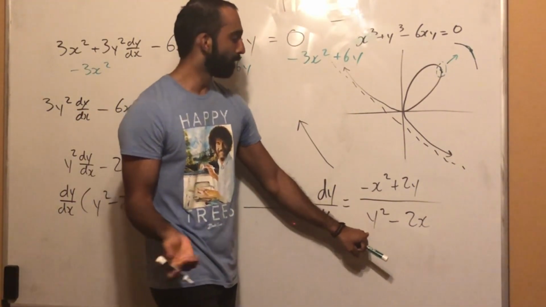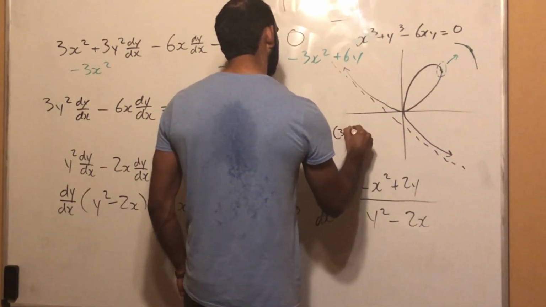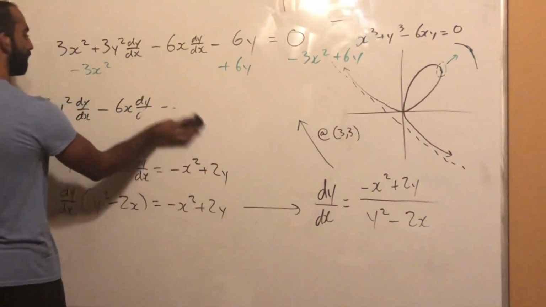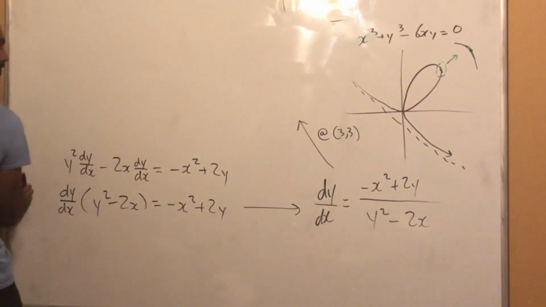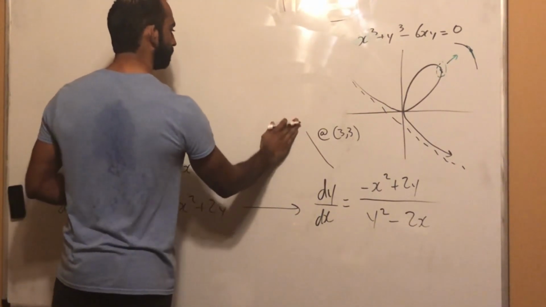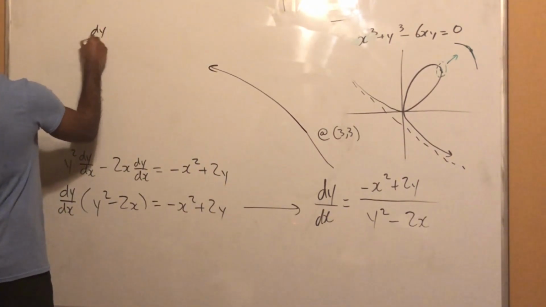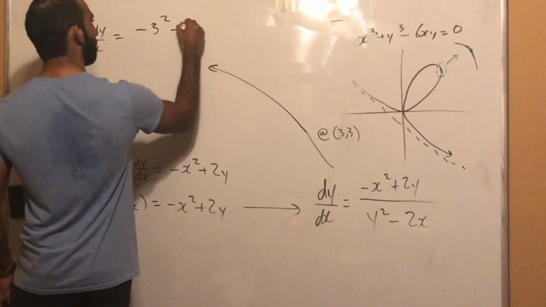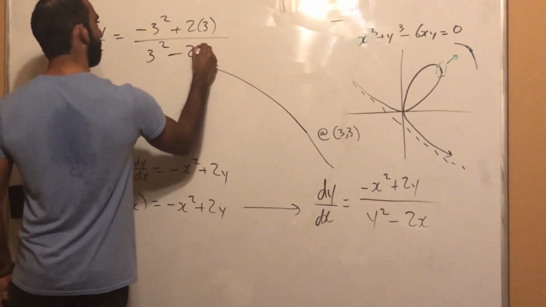But if we pick the point 3, 3, so at 3, 3, this equals what? Help me out in writing this expression. So we'd put 3 in for x and 3 in for y. Yes. So that would be negative 3 squared plus 2 times 3, all over 3 squared minus 2 times 3.